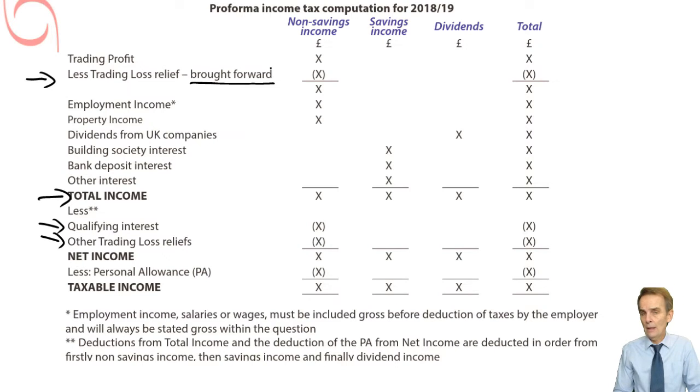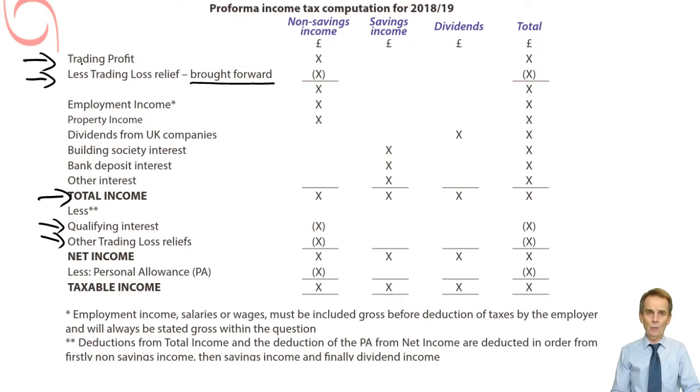And therefore, they couldn't use it by the end of the year of the loss itself, they carried it forward. And that trading loss relief, when brought forward, will then automatically go against any future trading profit of the same trade. So a brought forward loss goes against the trading profit of the self-employed trader.